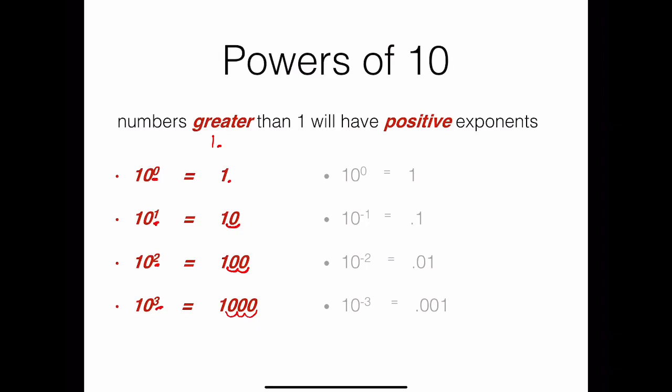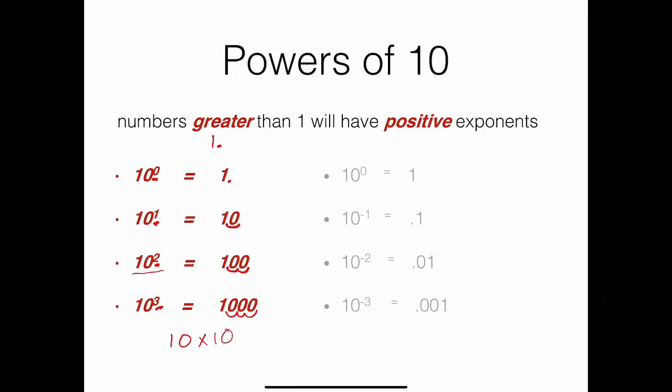You can also look at this as how many times 10 is multiplied by itself. So, for example, 10 to the second power means 10 times 10. And we know that 10 times 10 is 100. So that's converting the power of 10 into a decimal number.